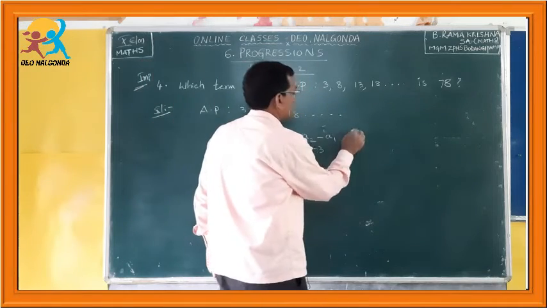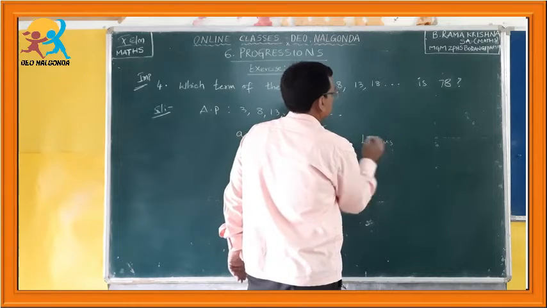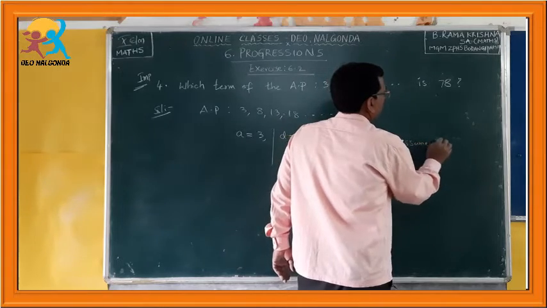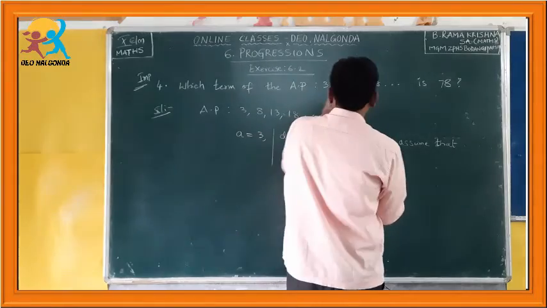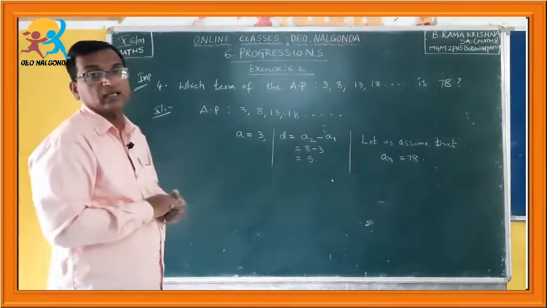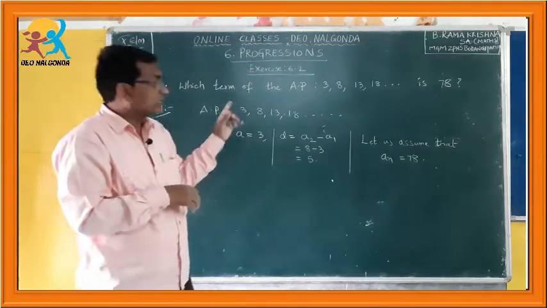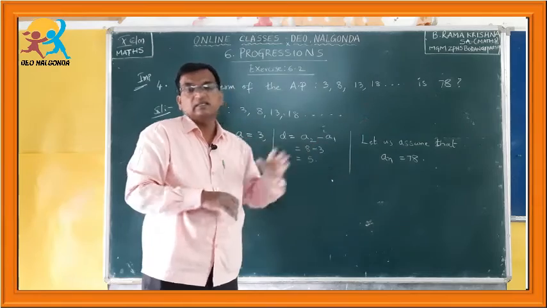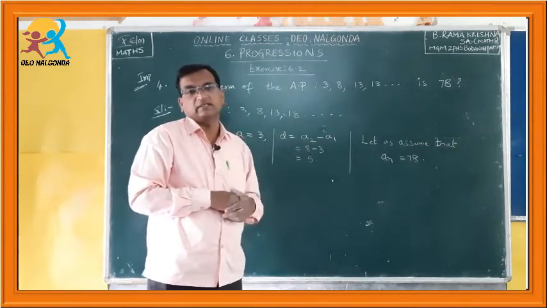And then what? Let us assume that the nth term of this series is 78. Let us assume that an is equal to 78, means this is a series in which the last term or nth term is 78, maybe last or maybe nth term is 78.